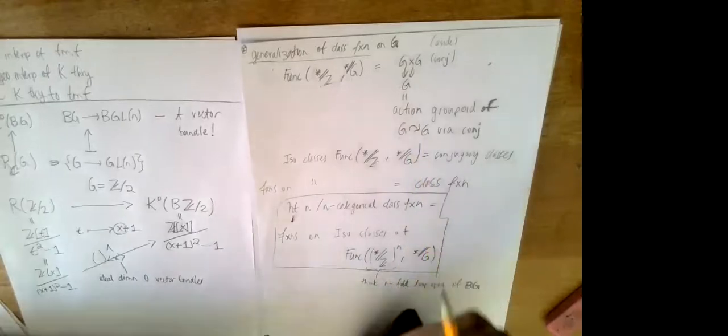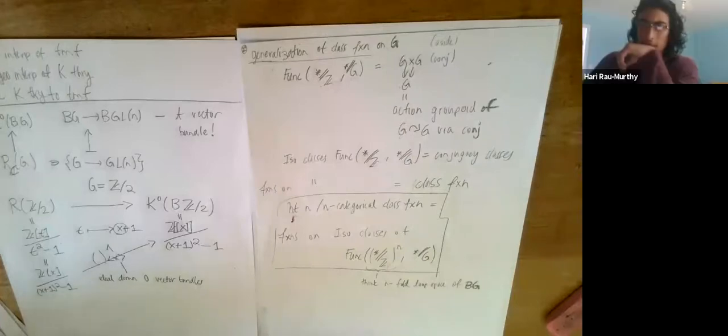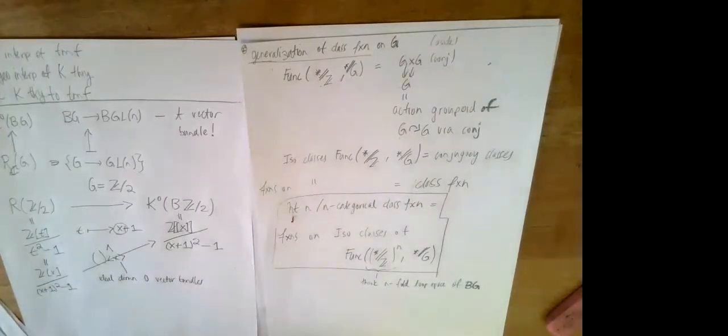No, I understand. You can say the action groupoid for Z is the same as S1, and the action groupoid for G, you can think about as BG. And what you have done is the homotopy classes from S1 to BG. Yeah. And precisely conjugacy classes of the group G. Okay, I see.